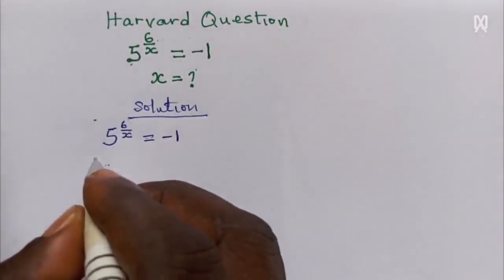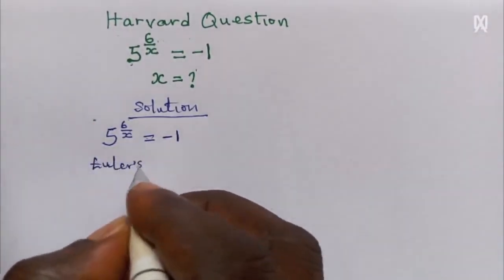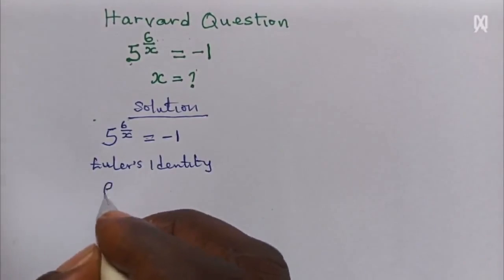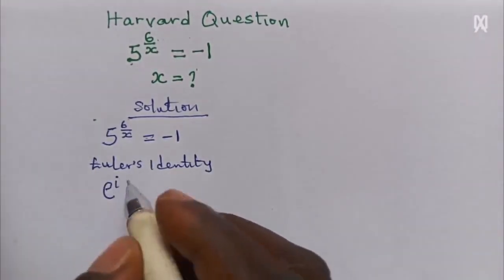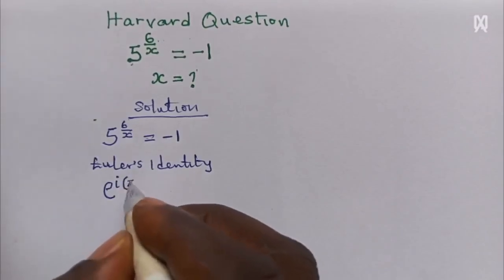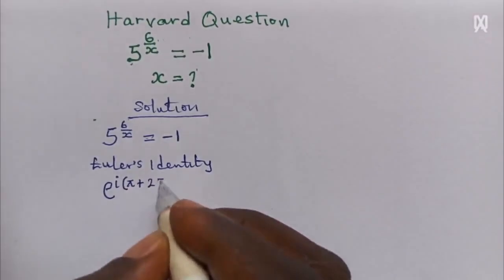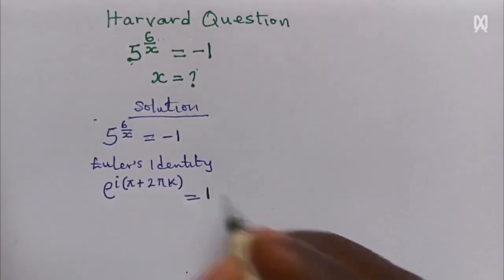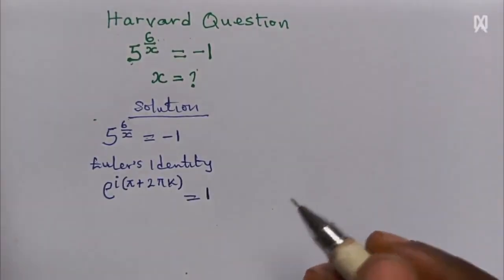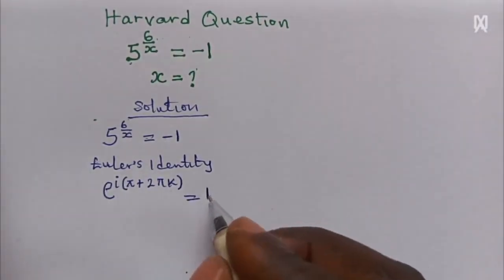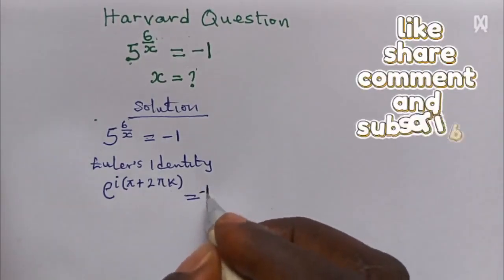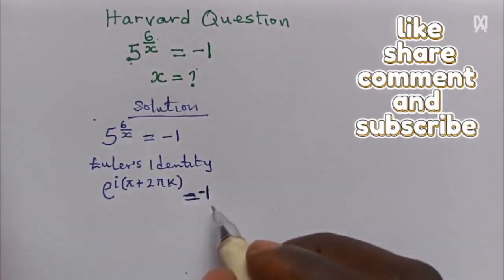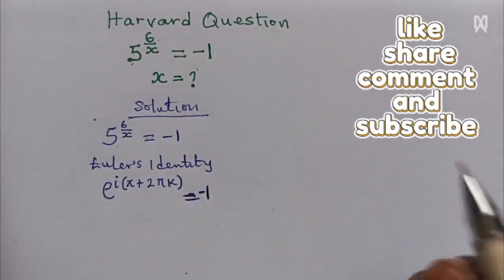The Euler identity says that e raised to the power of i times (pi plus 2 pi k) equals minus 1. Sorry. So you are going to apply this identity here.